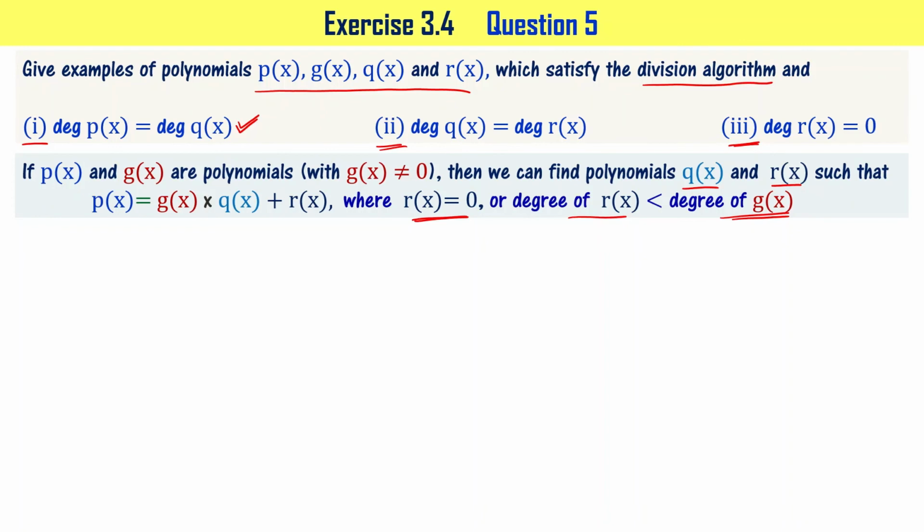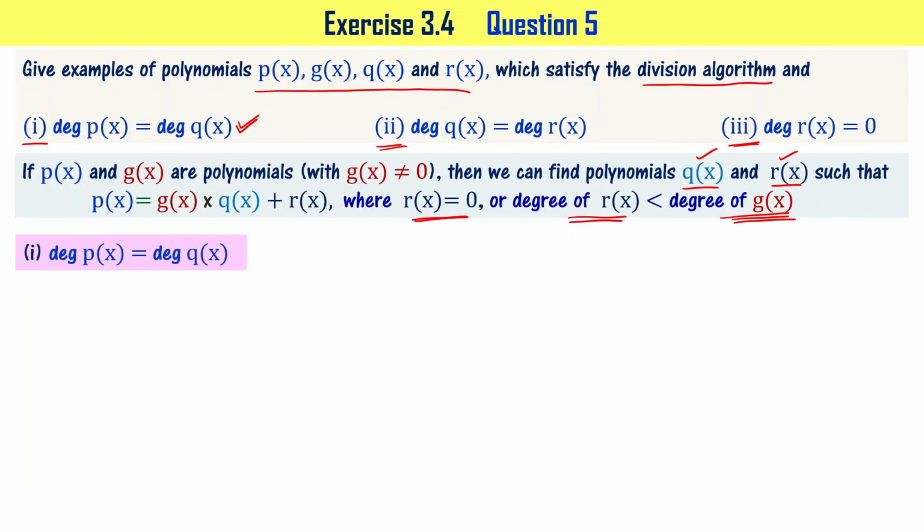If p of x and g of x are given, we can certainly write q of x and r of x such that p of x can be equal to g of x times q of x plus r of x, where r of x is equal to 0 or degree of r of x is less than degree of g of x. Now, the requirement is degree of p of x has to be equal to degree of q of x, right?